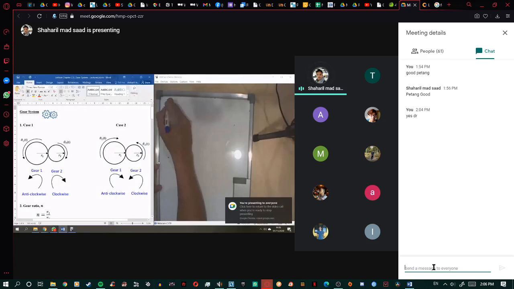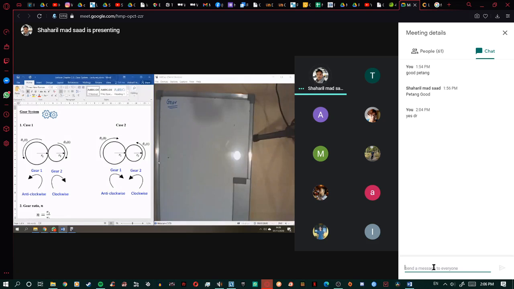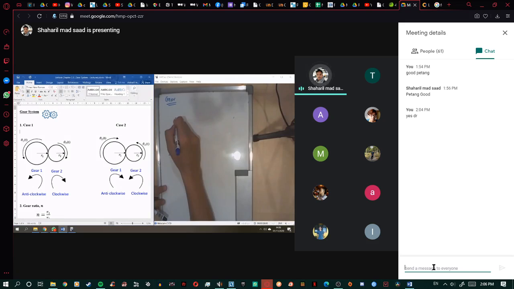Okay, so for gear, what you will learn for today, let's look at gear 1. Let's say this one is the big gear, and then you have the small gear here.